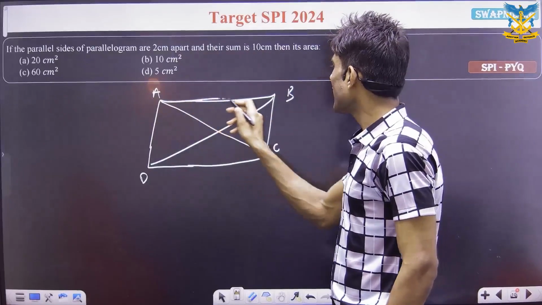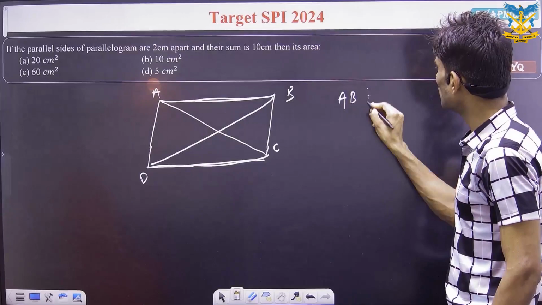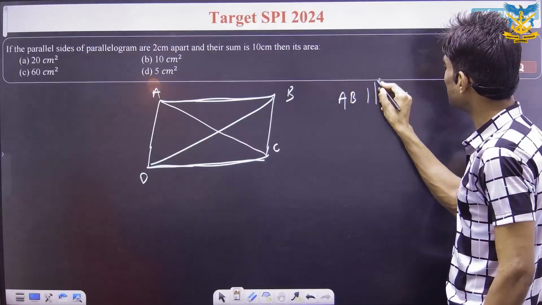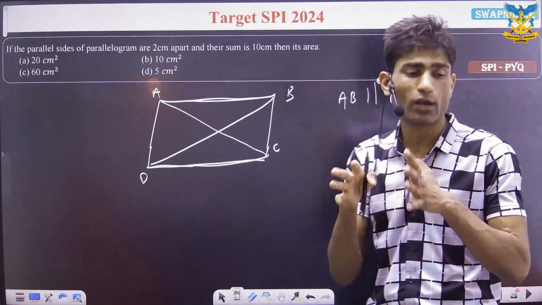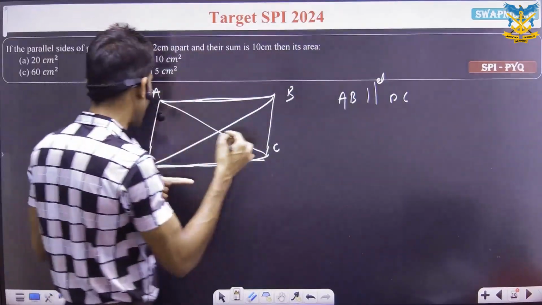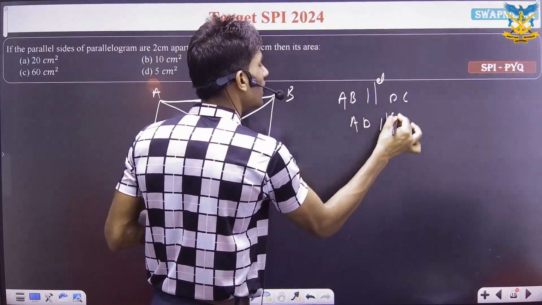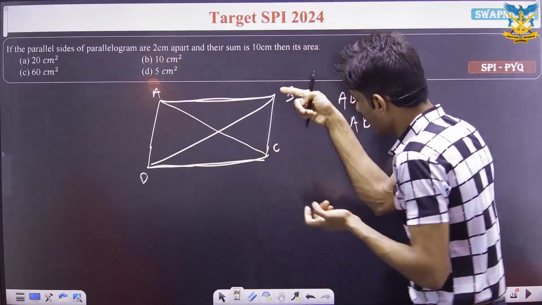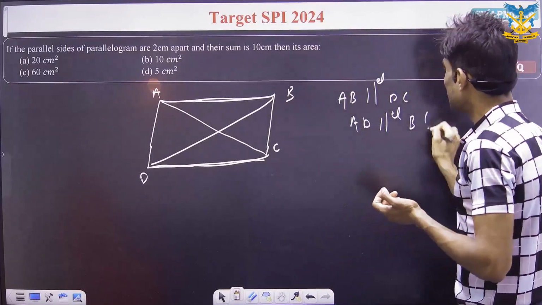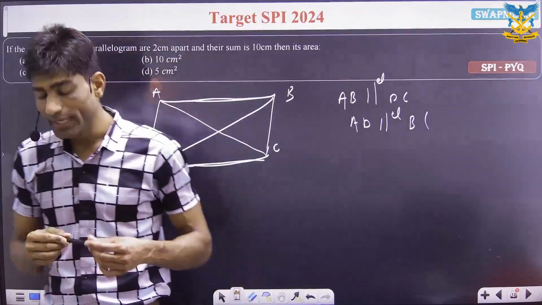That means line segment AB is parallel to line segment DC. Similarly, line segment AD is parallel to line segment BC. So these are the line segments which are parallel to each other.